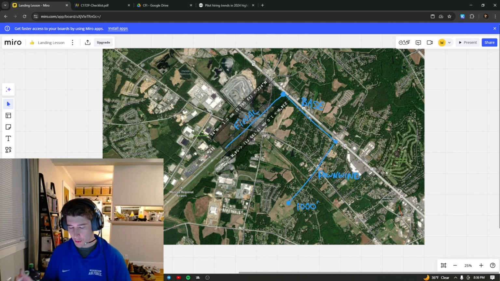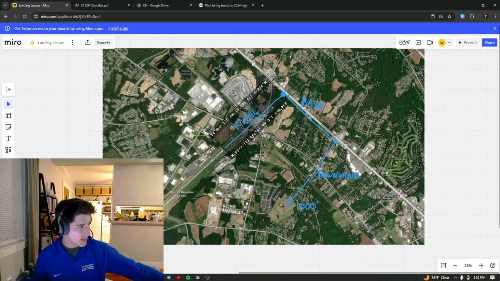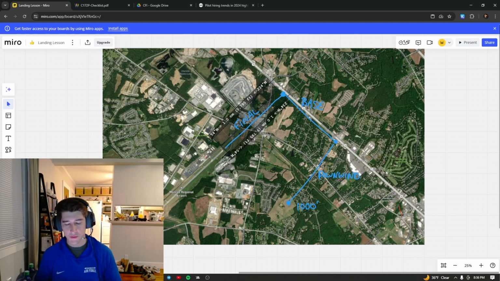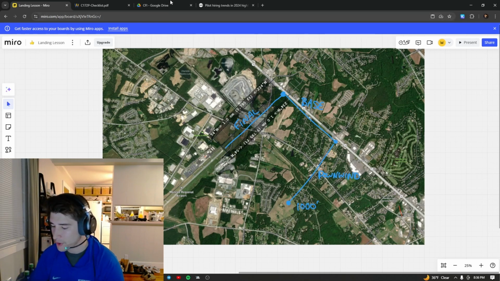And we know that that perch point, or that area where we're going to be abeam the numbers, abeam the touchdown point, we're going to be at 1,000 feet. We're going to be at 1,700 on the clock. 1,700 is 1,000 feet AGL, above ground level. 1,700 is the mean sea level altitude, and we know that the airport elevation is 700 feet. So that's why it'll be 1,700. That's what the pattern altitude is.